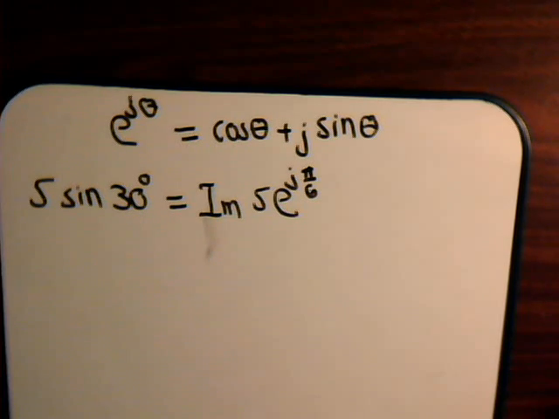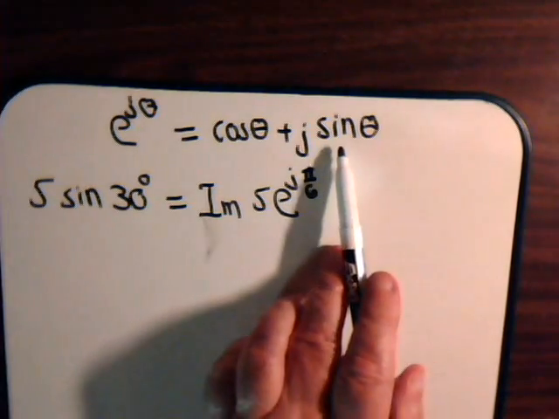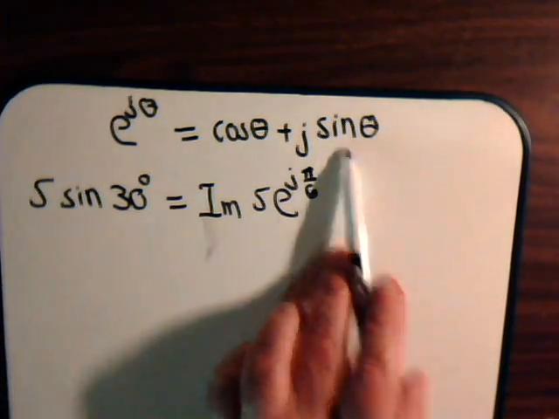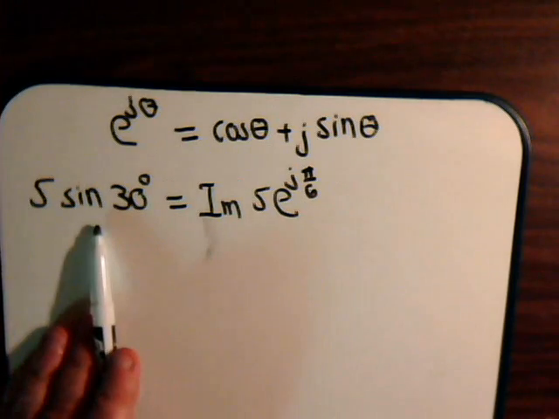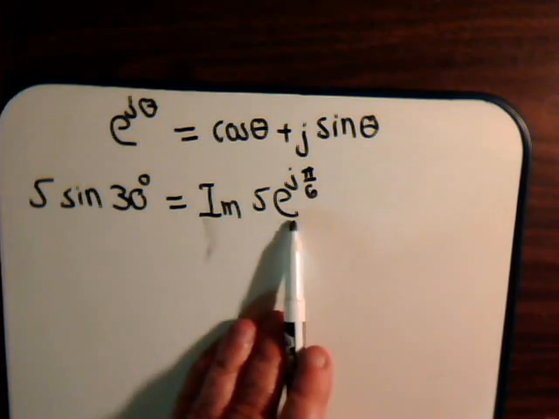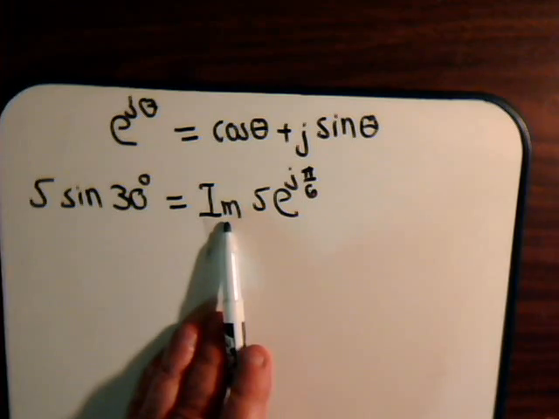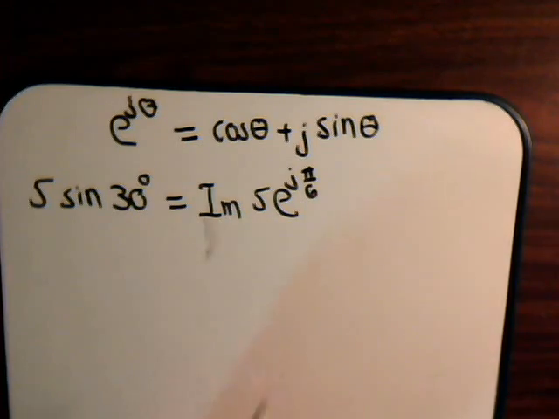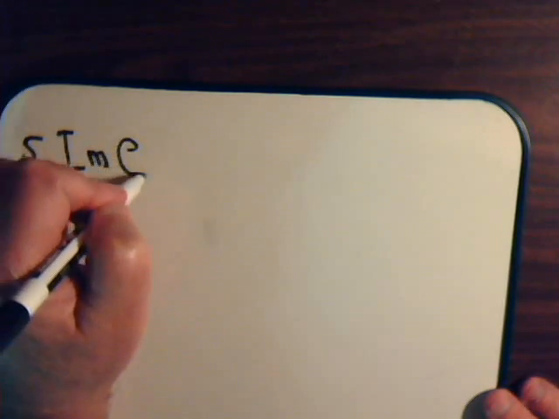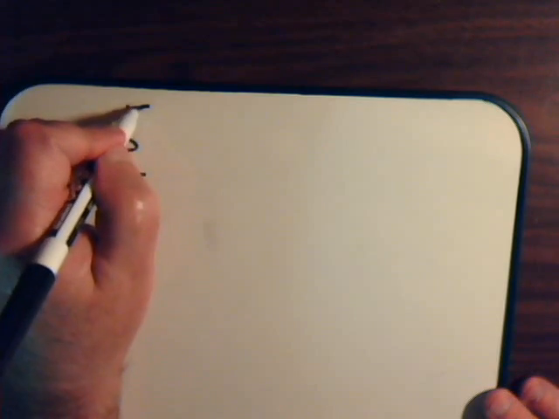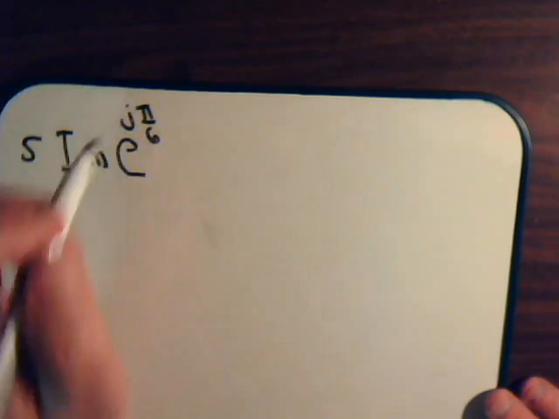But the point here is that the sine is the imaginary part of this. So if we're talking about a sine wave, we could express it like this, and then say it's just the imaginary component of that. Let's just write it out more completely. So we have 5 times the imaginary component of e to the j pi over 6.